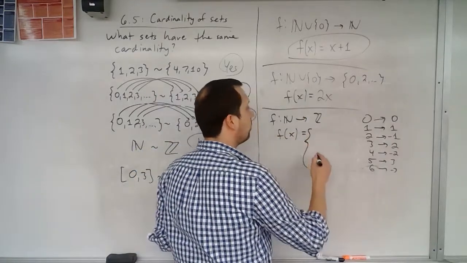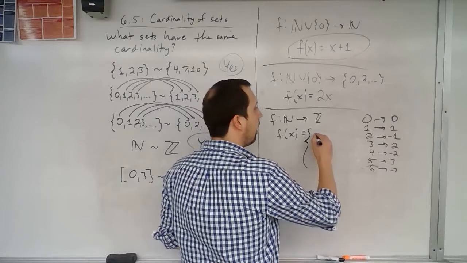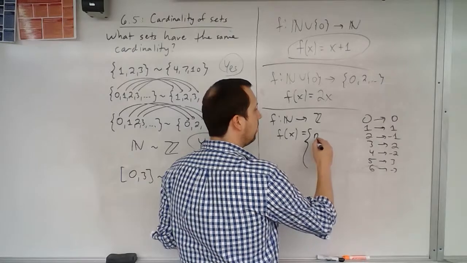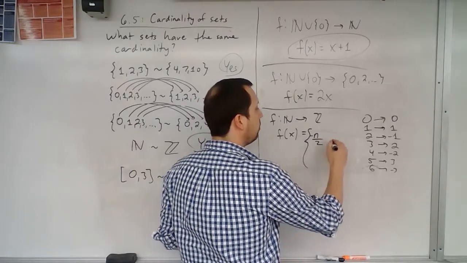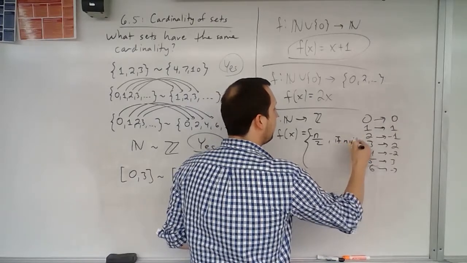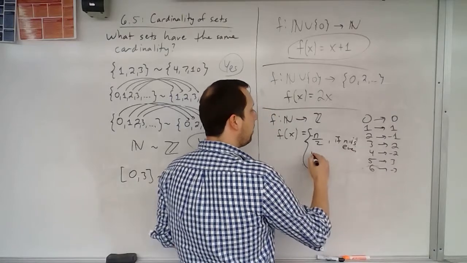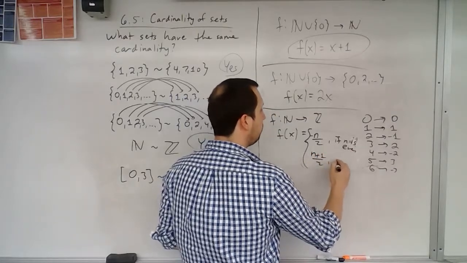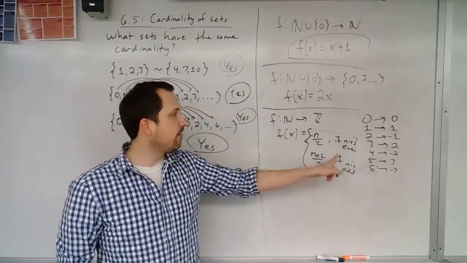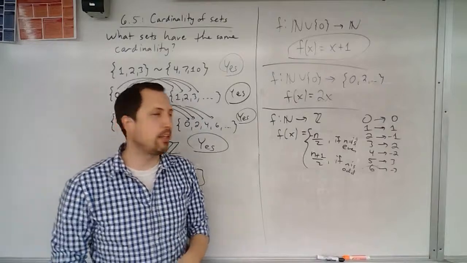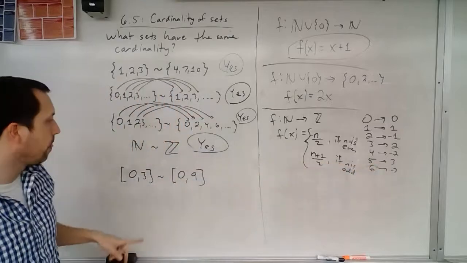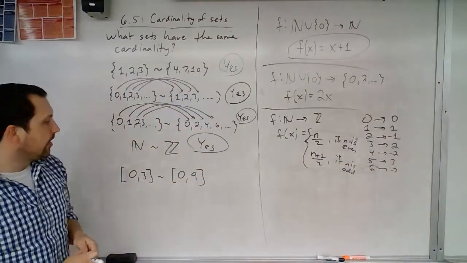This is going to be a piecewise function, and so this is, I think, going to be negative n over 2 if n is even, and then we have n plus 1 divided by 2 if n is odd. Okay, so we have this bijective function that we can map between, or just see it intuitively by looking at this mapping.